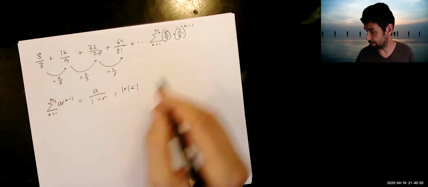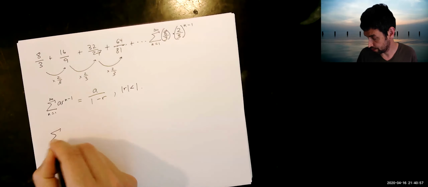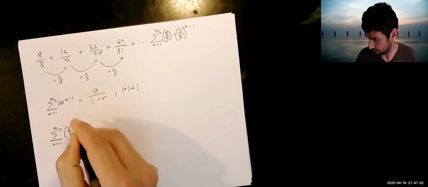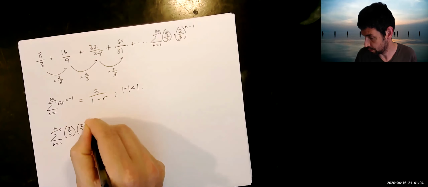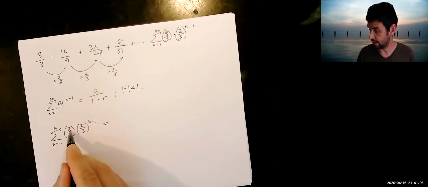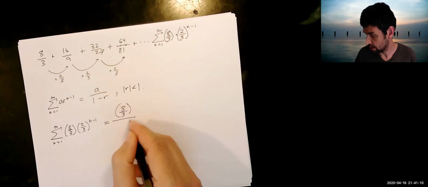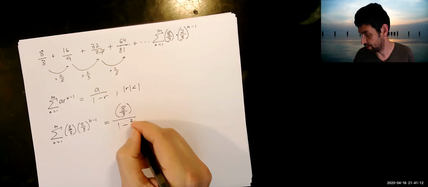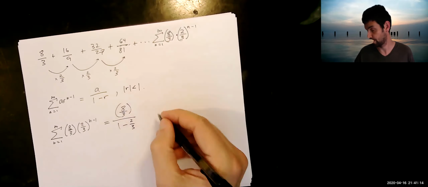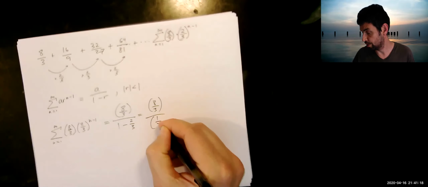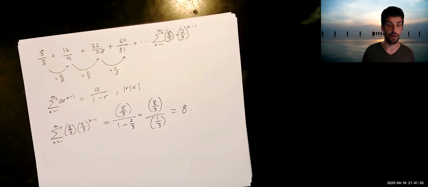And so that means the sum of this series is A, the constant in front, over 1 minus this ratio, right? So we end up with 8/3 over 1/3, or 8.